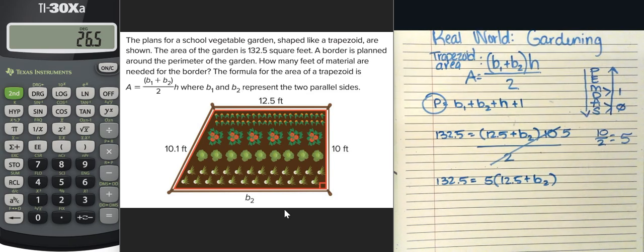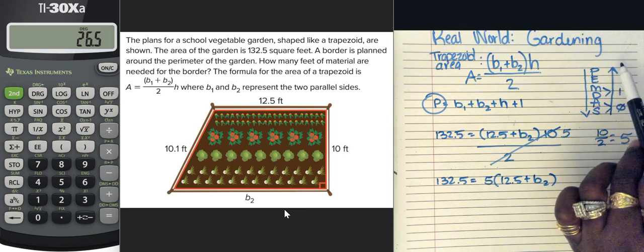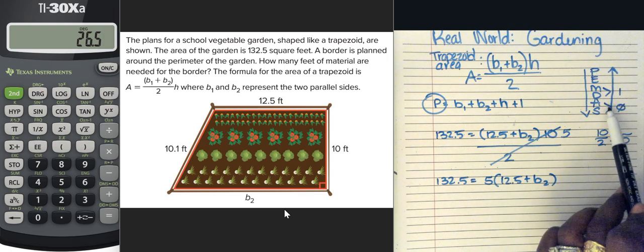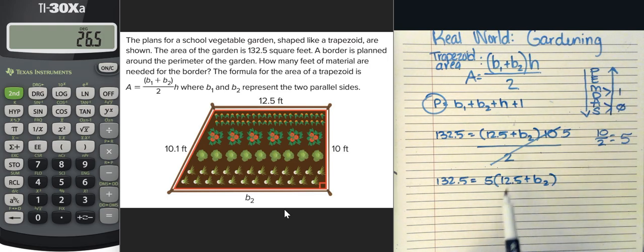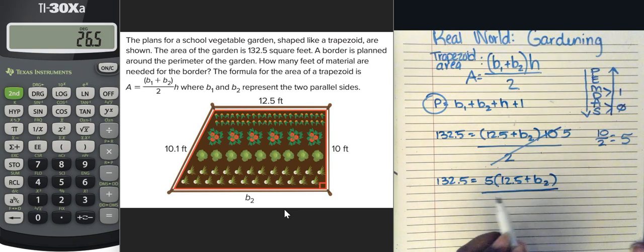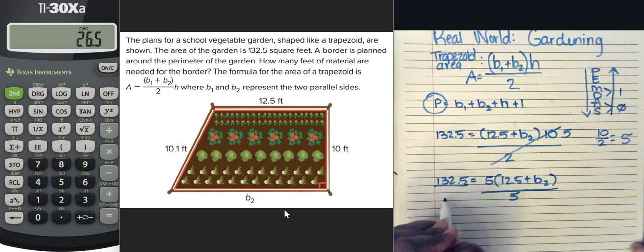Is our variable isolated? It's not. Remember, you can use the distributive property, but I'm not going to do that. I'm still working my way up through PEMDAS in reverse order. I don't see any addition or subtraction, but I do see multiplication, so I am going to use the opposite of multiplication and divide both sides by 5.